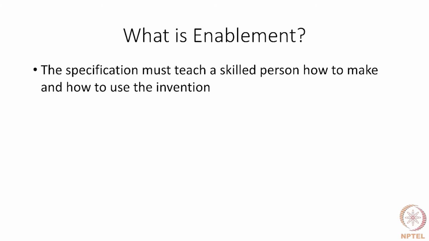The role of the specification, apart from carving out a private right for the inventor, is a role that is directed towards the public: to teach people who don't know anything about the invention to perform and to use the invention. So once you describe in detail how the invention can be made, which is once you teach the invention through your specification, there is a danger of others copying you.